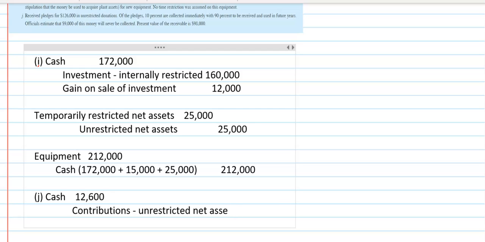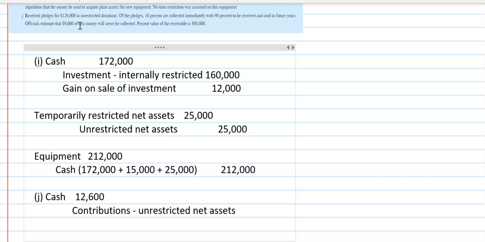Now, here, remember, they said that 10% you received on the spot. We recorded it. Another 90% you will receive in future years. Now, here, remember, what's the rest of this 90%? Will you be able to receive the entire amount? They actually said no. You estimate that 9,000 of that amount you could never receive it.